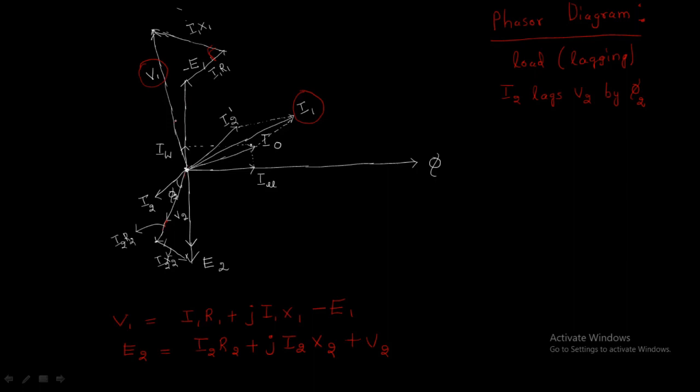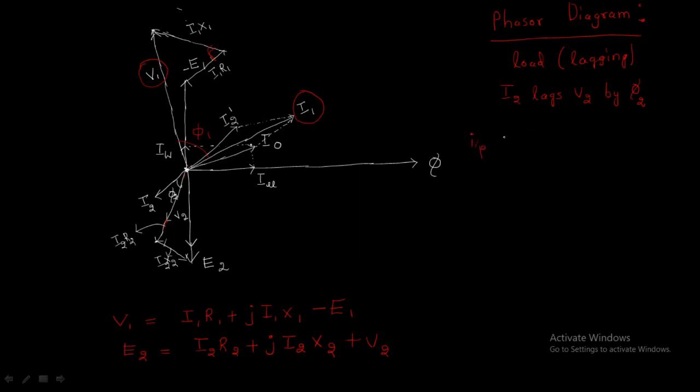The power factor of the primary side means the supply voltage V1 and supply current I1. So this is phi 1, this is phi 2, and this is phi naught. Okay, we can note some points here. Input power factor or supply power factor, both are the same.